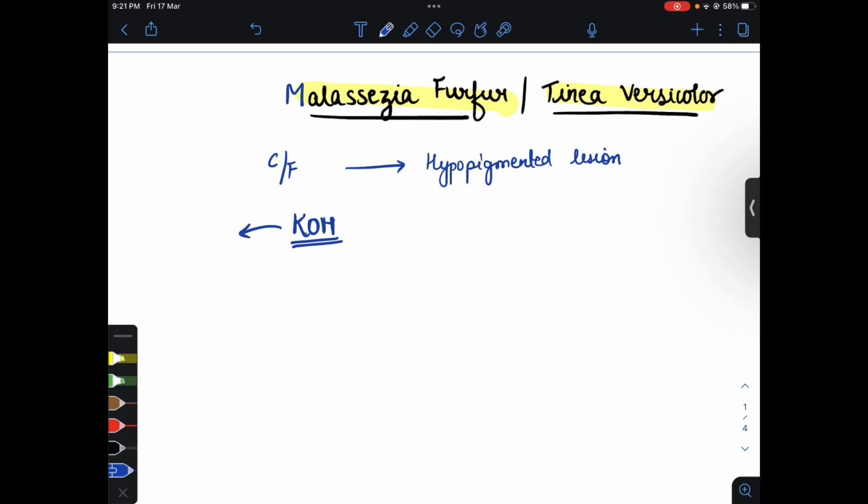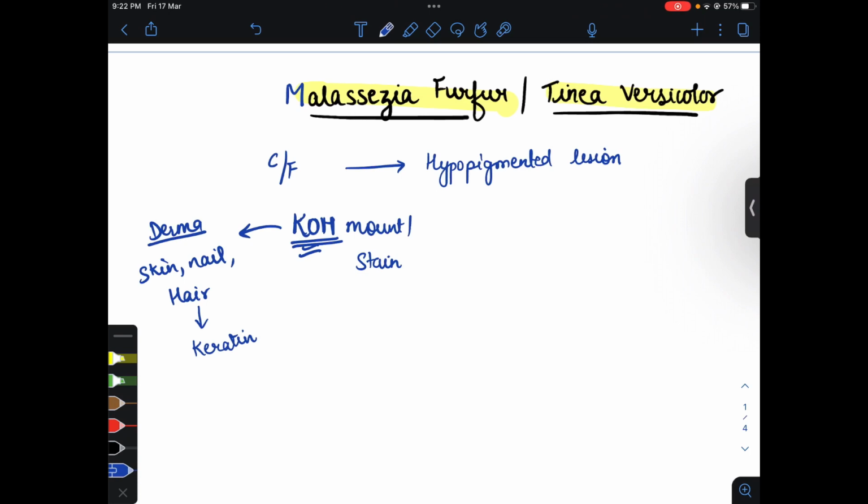KOH is used in dermatological conditions, like samples of skin, nails, or hair, because in skin, nails, and hair, keratin is present, and it is digested by potassium hydroxide. That's why we use a potassium hydroxide mount.